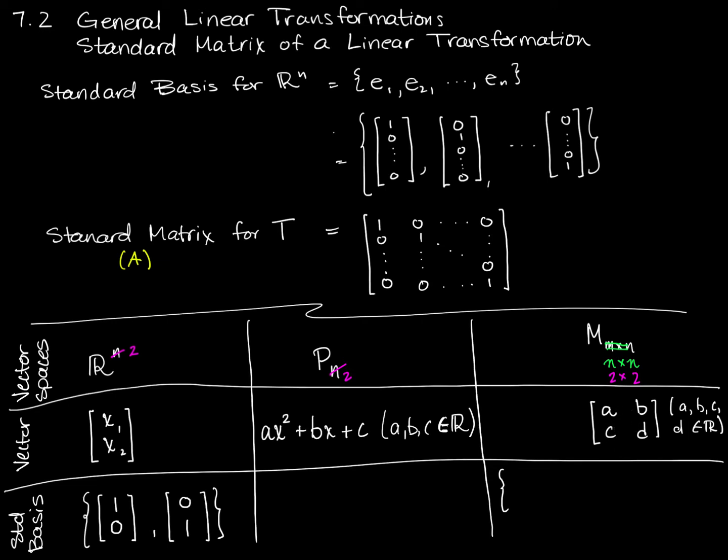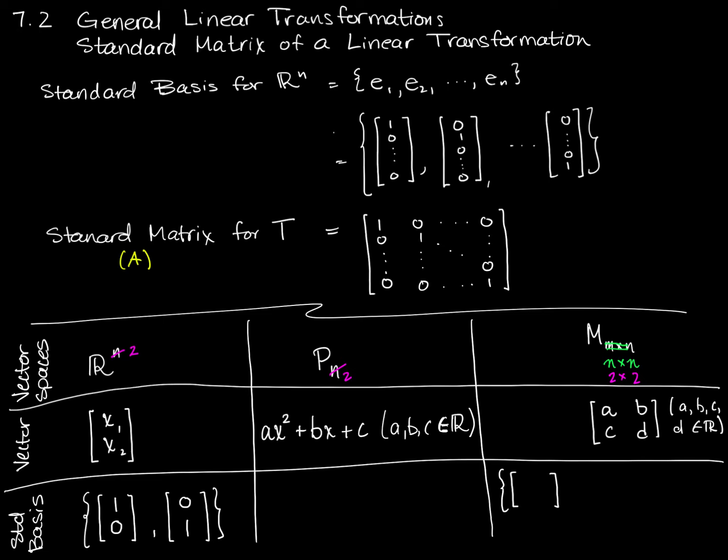I need 4 of them this time, because I'm going to have a unit in each of the 4 positions where there's a number in this matrix: one here, one here, one here, one here.